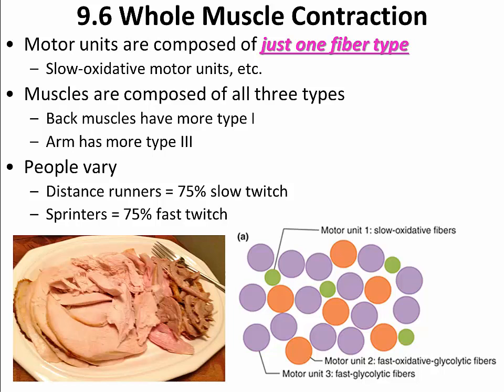We can see all those fiber types illustrated down here in the lower portion of our screen in the figure from our text. And what this figure is showing us is that any muscle in the body is composed of motor units of each of these three fiber types.